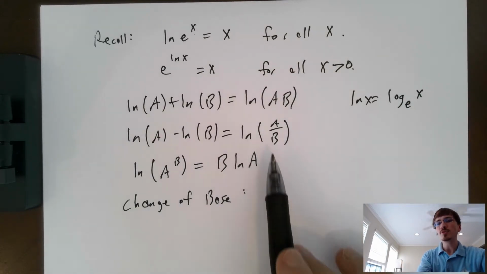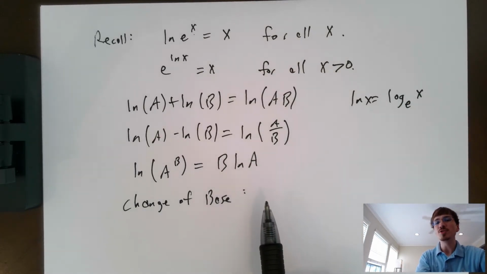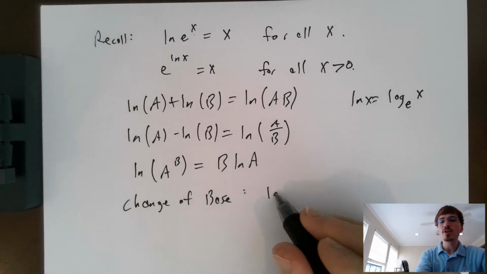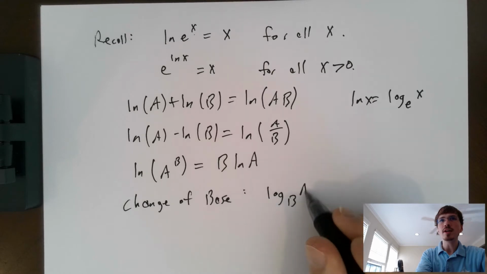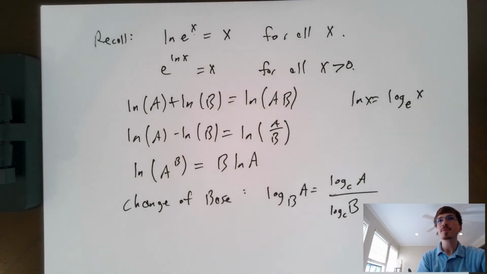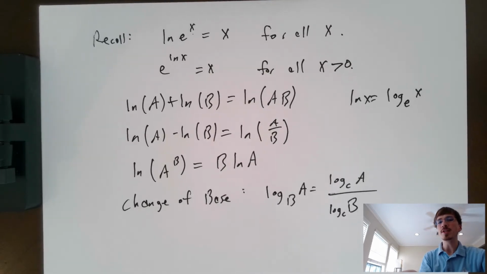But these properties are certainly true for any other base that you want to choose. And if we want to change bases, we have that log base b of a is equal to log base c of a divided by log base c of b. Yeah? And this is how we're going to change base. So I hope that you remember these properties. We'll see these recurring throughout the video today.